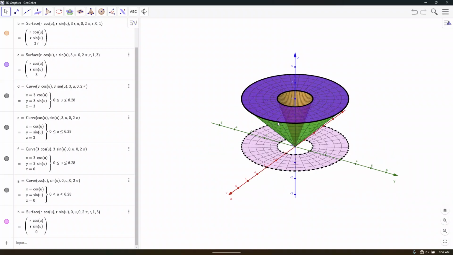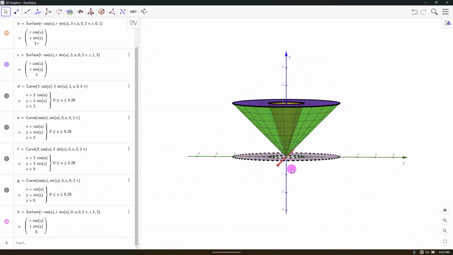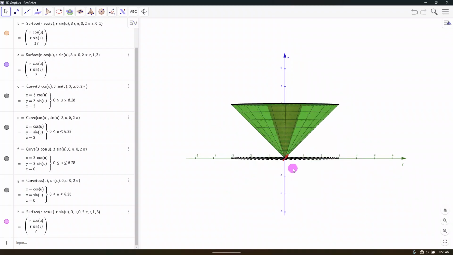Okay. So of course the xy projection. Well, let's look at this perspective first of all and see: is the radius constant? Is rho going to be constant this time?